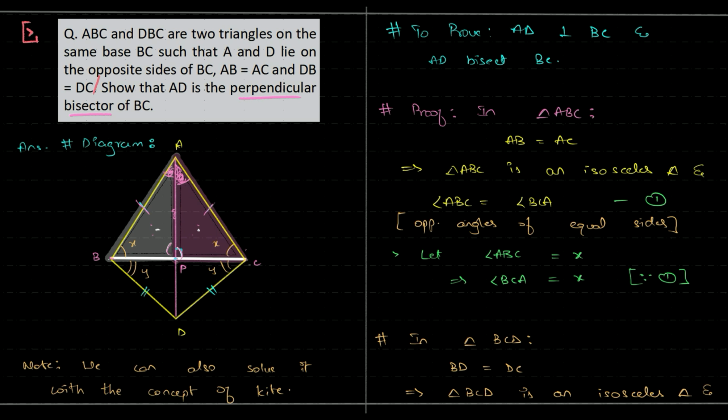For this, we have to take a bit of extra step. That is, we have to consider triangle ABD as a whole, and at the other end, ADC as a whole. So these two triangles, if I consider, I can tell that these two triangles are congruent.